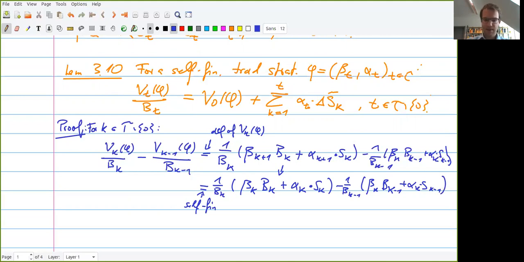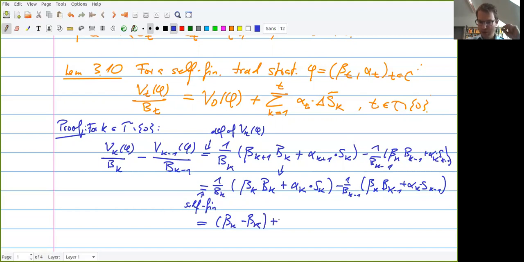Right. And now we see what's going to cancel here. Well, this discounting factor and the value of the risk-free bond, they cancel, and the same happens for the second term. So what we get is beta k minus beta k.